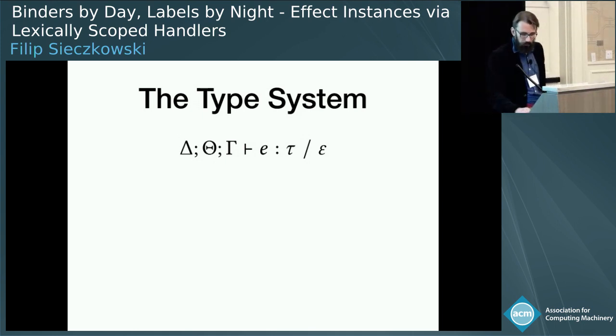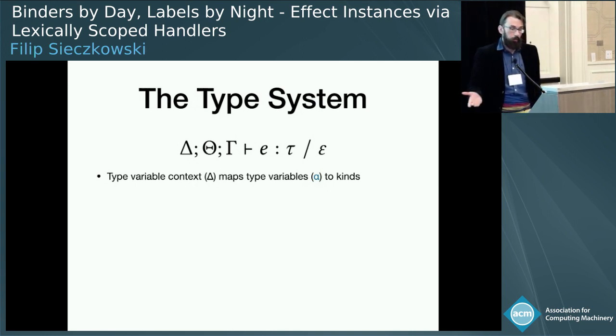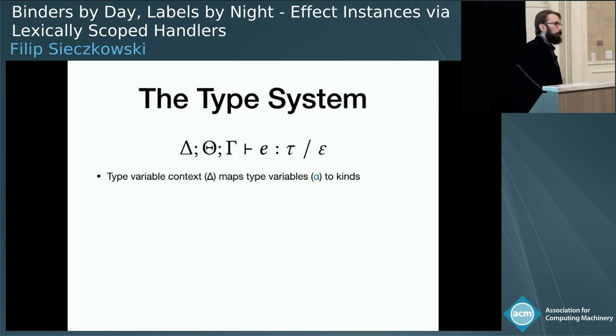Now, what are the other things, and what can we do with types and effects? First off, the Δ is just a simple System F-like context of type variables, which we note here in blue, and these map type variables to kinds, mostly because we want to be able to quantify both over types and effects and other stuff possibly.